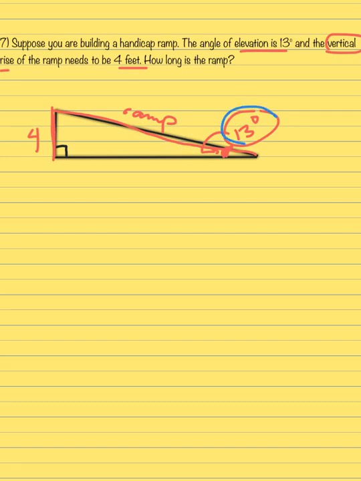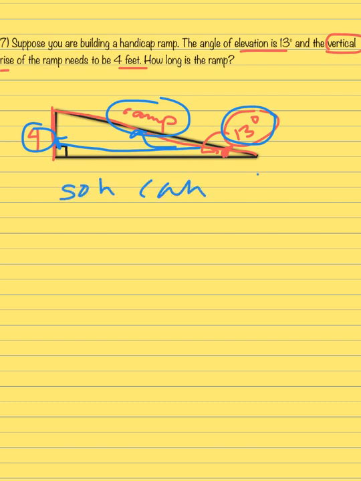We find the angle we know, which is the 13, and then we find the sides we know in relation to that. Opposite is the 4. Hypotenuse is the ramp. So SOHCAHTOA. Opposite hypotenuse would be the sine.